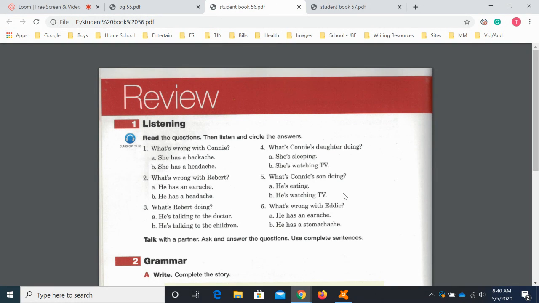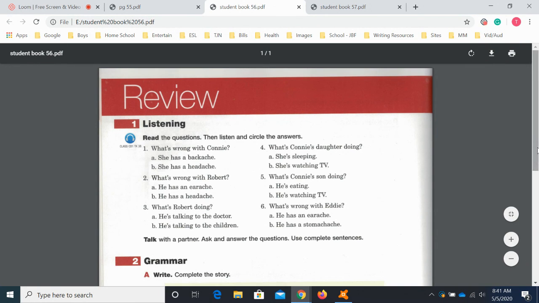And the last question, number 6, what's wrong with Eddie? And the answer is B, he has a stomachache. Okay. So that's exercise 1 of the review.